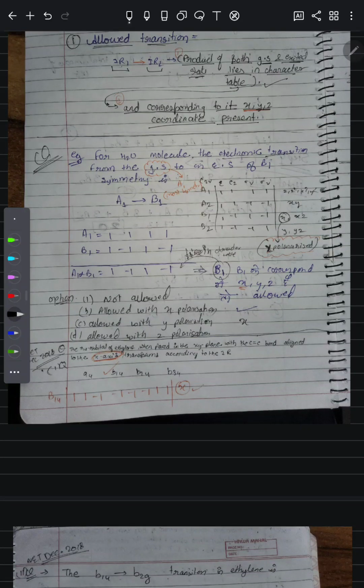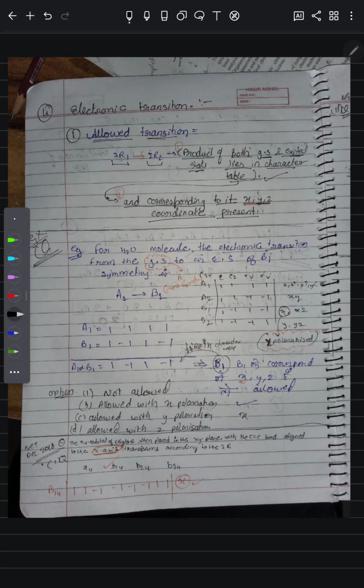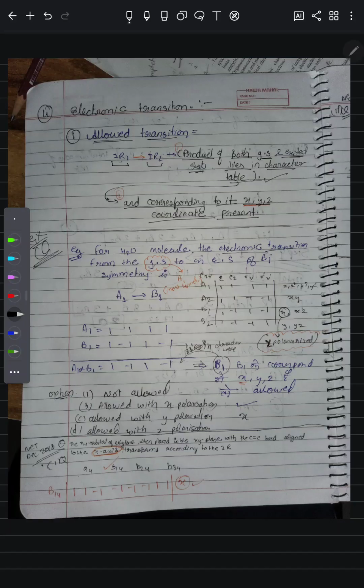So here, as you can see, this is an example. For the H2O molecule, the electronic transition from the ground state to an excited state of B1 symmetry is. So we need to check whether A1 and B1 will give a possible electronic transition or not.